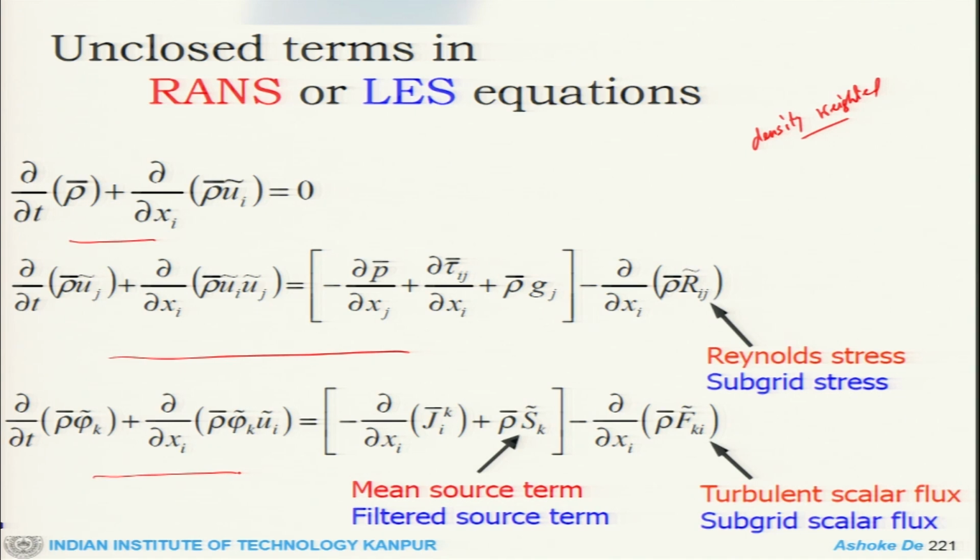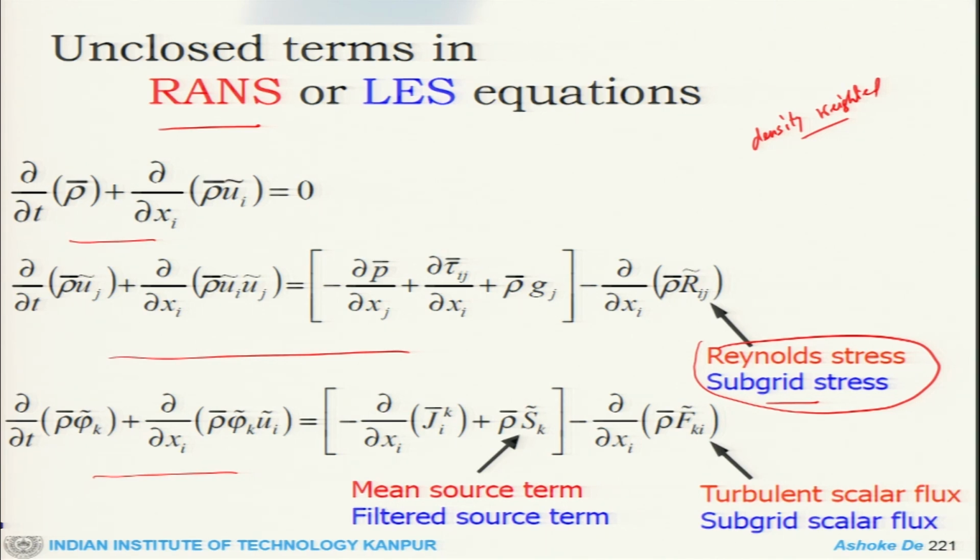So there would be terms like Reynolds stress or subgrid stress. The Reynolds stress corresponds to the RANS framework, and in the LES framework this would be the subgrid stress. In the RANS framework there is a mean source term, while in LES it is a filtered source term. The turbulent scalar flux in RANS becomes a subgrid scalar flux in LES.